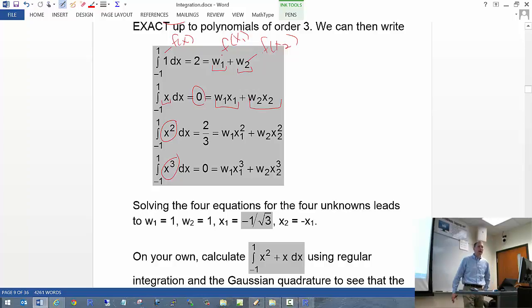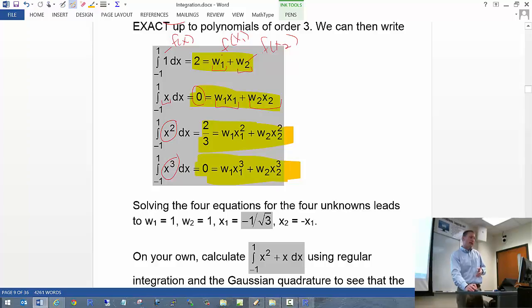So now what we have here are 4 equations and 4 unknowns, where I'm focusing on the part that is highlighted in yellow. I can go through the math, and I can solve for w1, w2, x1, and x2.